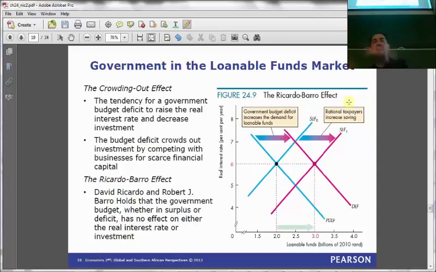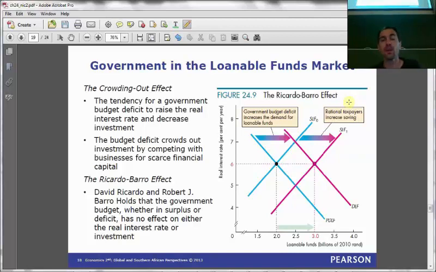When they raise taxes in the future, what is that going to do to my income in the future? It's going to decrease my income in the future, exactly, right? And if I expect my income in the future to go down, what should I do today? I should save more. Remember, if I expect my income to go down in the future, I need to save more of my income today to be able to spend in the future.